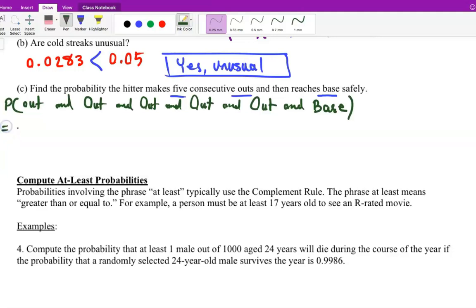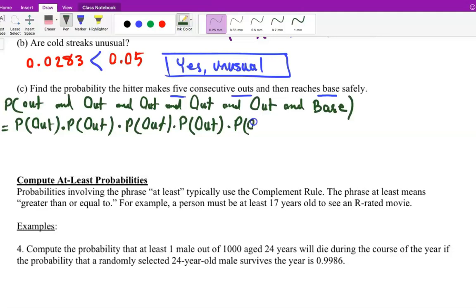So finding the probability for that part, multiply each one. We have 5 outs and 1 base.